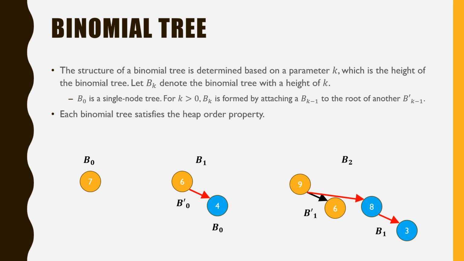Binomial trees also satisfy the heap order property. In a max heap, each node in a binomial tree is greater than or equal to its children, ensuring that the best data element is always located at the root. Therefore, each binomial tree is a valid heap.